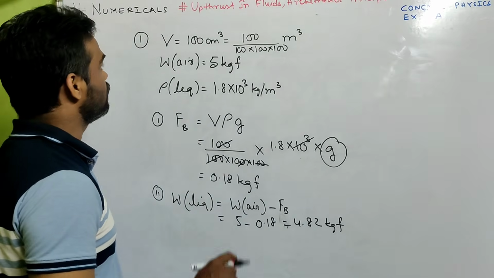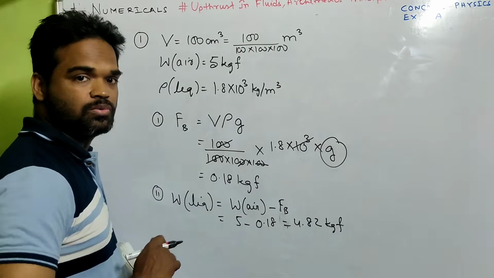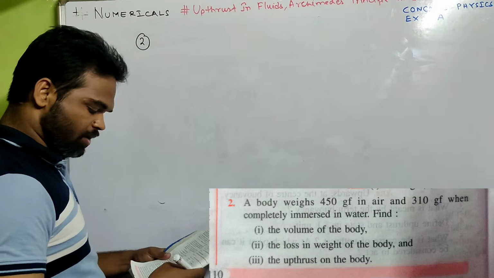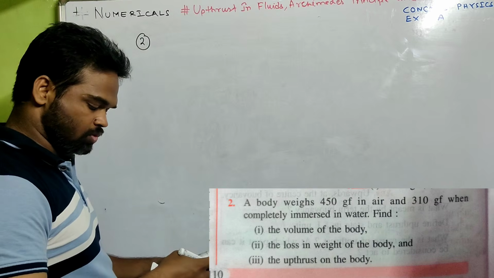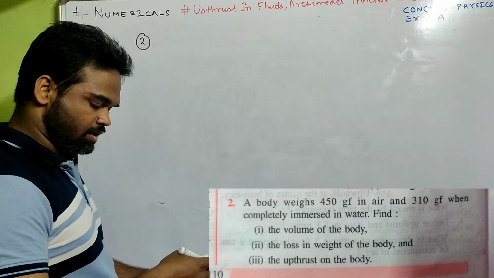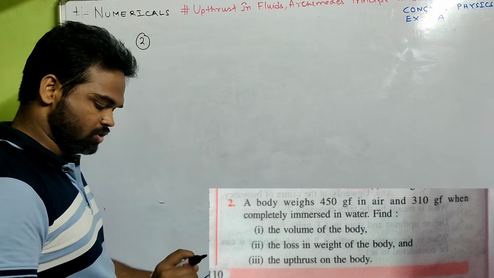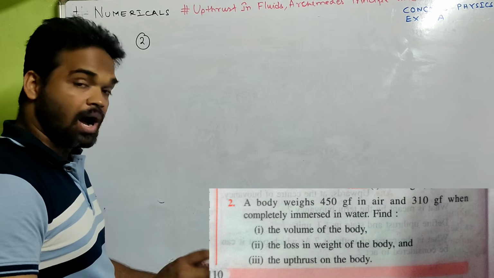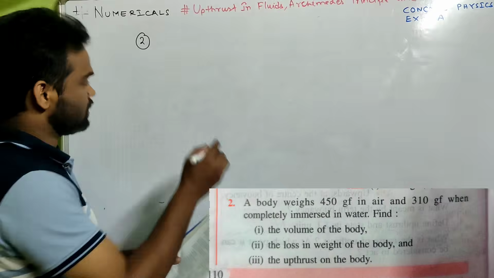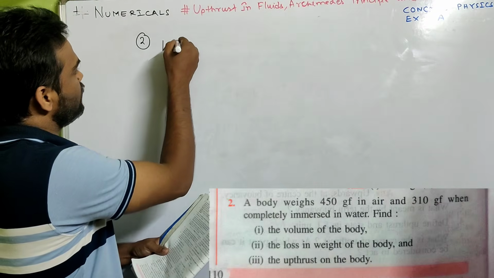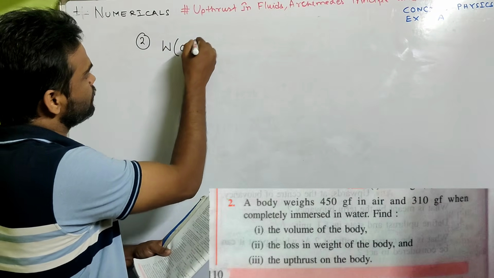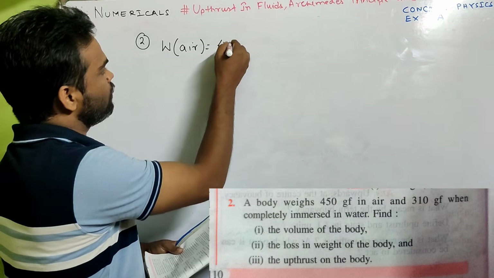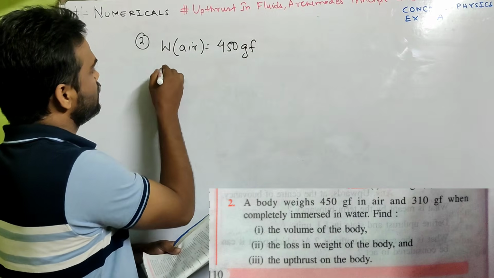Done. Chalo. Now look at number 2. A body weighs 450 gram force in air and 310 gram force when completely immersed in water. Find the volume of the body, the loss in weight of the body and the upthrust of the body. These three things. First of all, weight in air is given as 450 gf.